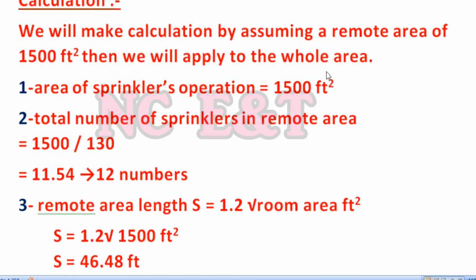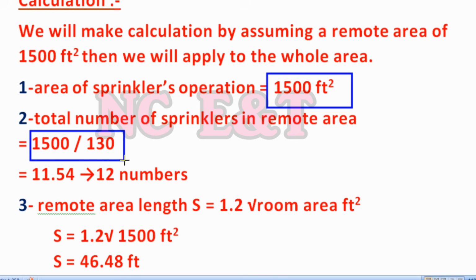So let us start our calculation. We have assumed a remote area of size 1500 square feet. As we know, the protection area by one sprinkler is 130 square feet. So when we divide the whole area by 130, we get the result 11.4, that will give us the total number of sprinklers, and rounding up we go for 12 sprinklers.